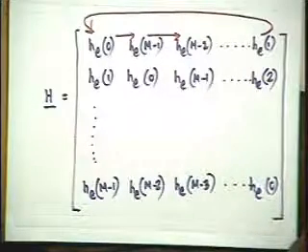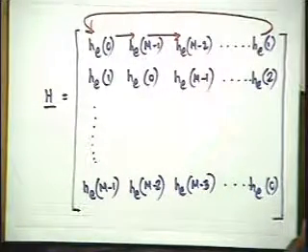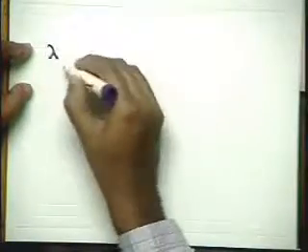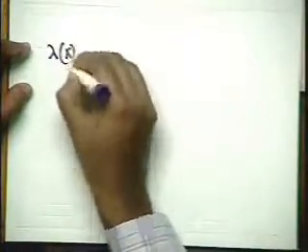And now we define two new quantities. The two new quantities which we are going to define: one is a scalar function, which I call lambda with some index k.